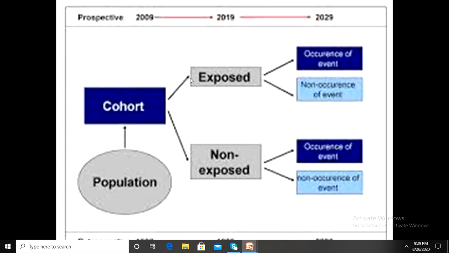They have the same characteristics, they belong to the same age group, the same socioeconomic status, and all the characteristics are similar to each other.